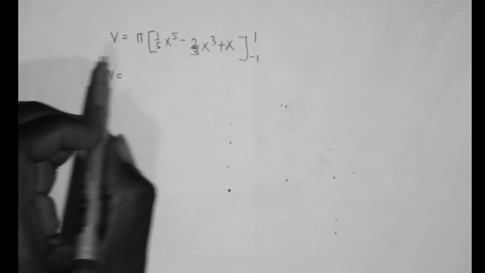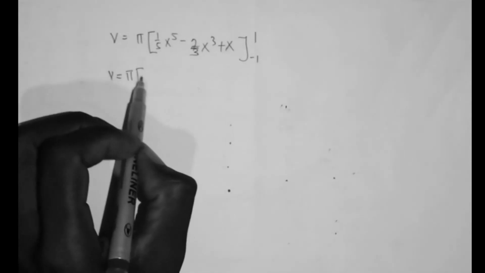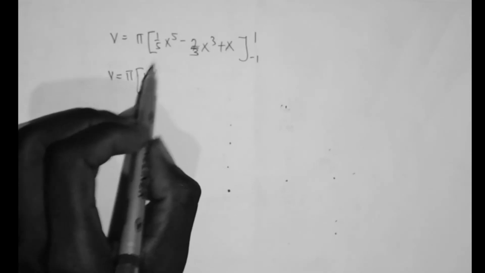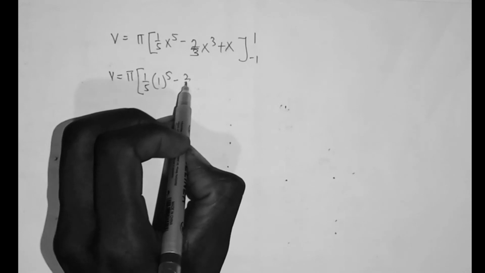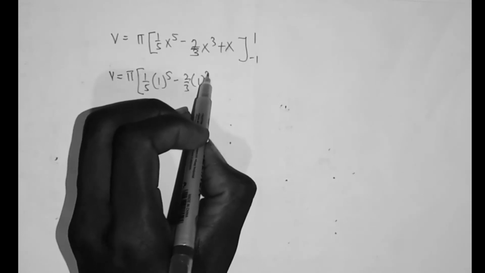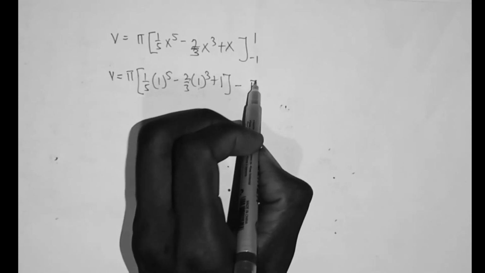So V is equal to, let's put in the limit, pi into bracket 1 over 5, then we put in 1 exponent 5, minus 2 over 3, 1 exponent 3, plus 1, then minus pi again.